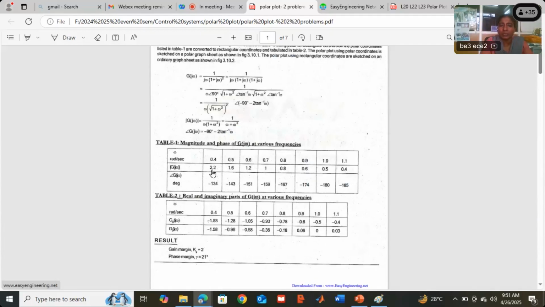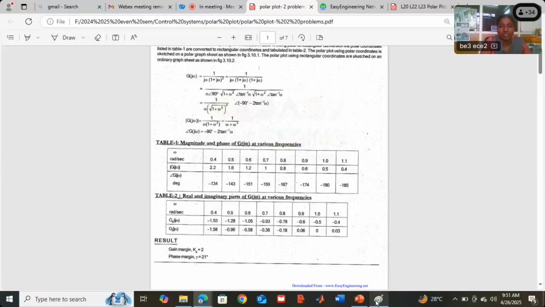What are the magnitudes you see here? 2.2, 1.6, 1.2, 1, 0.8, 0.6, 0.5, 0.4. These are the magnitudes obtained after calculation. Phase angles are already lines present in the graph sheet, but for magnitude the circles are given. Different magnitudes will come in different problems, so for circles we only have to assign which circle is which magnitude. Okay, I am going to the graph sheet.